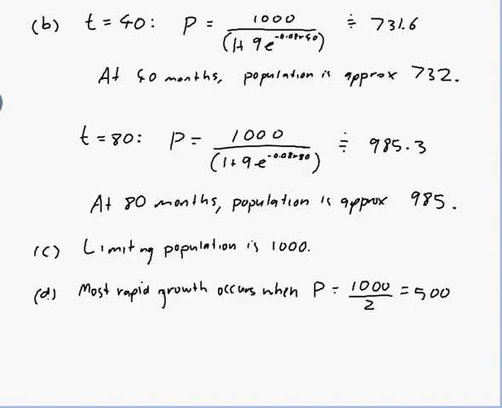So I would need to solve that for t to find when it's the most rapid. So let me start a new page to do that. Right, so let's see, 500 = 1000/(1 + 9e^(−0.08t)).